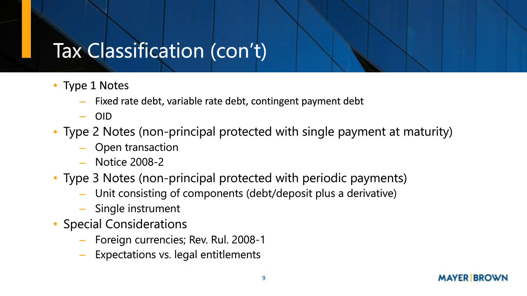People call them forward contracts or open transactions or a single financial contract or a derivative contract. So there's different terminology, but it all points to a type 2 note, which essentially means the investor puts money in, is exposed to the underlying, and waits until maturity or an earlier sale to determine the tax consequences. And at that point, would typically have long-term, if it's more than a year, long-term capital gain or loss.